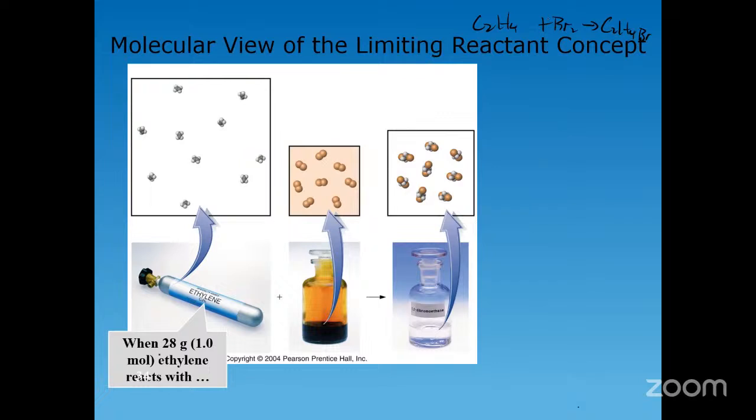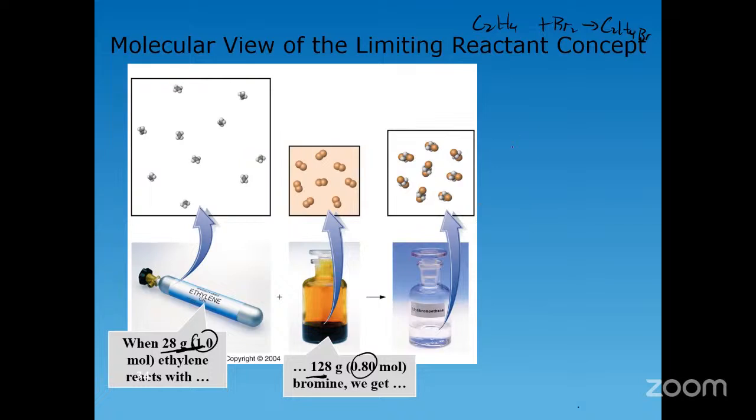In this particular example, they're starting off with 28 grams of ethylene, and it's reacting with 120 grams of bromine. In terms of moles, this is 1 and this is 0.8, all right? So obviously in a 1-to-1 situation, the item that is in excess would be the ethylene, right?